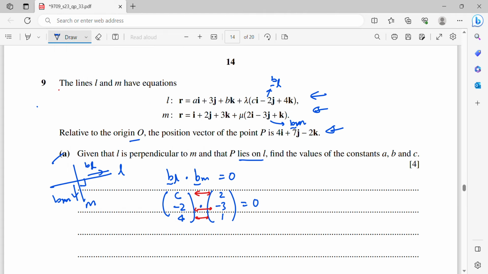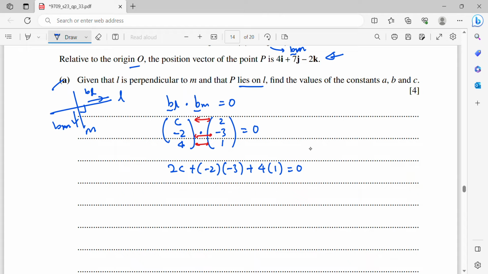That is the scalar product formula. So I will get 2c plus minus 2 times minus 3 plus 4 times 1 equals 0. So from here, 2c plus 6 plus 4 equals 0, which means 2c equals minus 10, and hence your c is minus 5. So we have found the c.